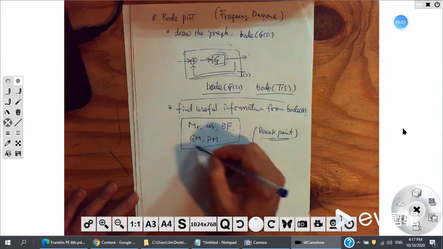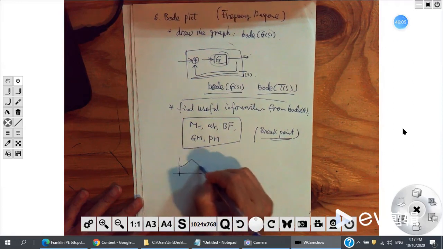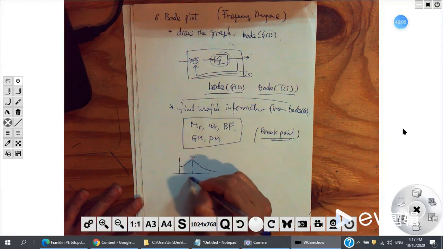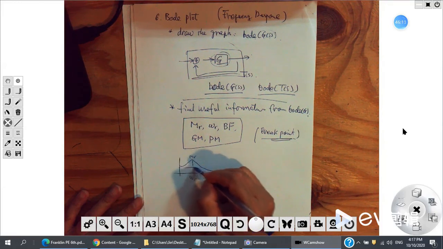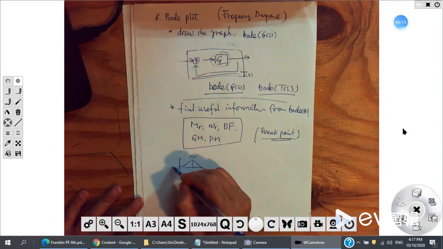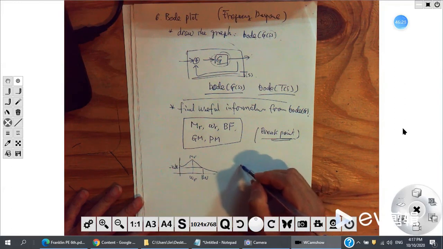These numbers you should know how to find, right? With Mr should be here, right? Mr and omega r, and this will be bandwidth. Suppose this is minus 3 dB, right? And the phase margin and the gain margin, you need to use both.